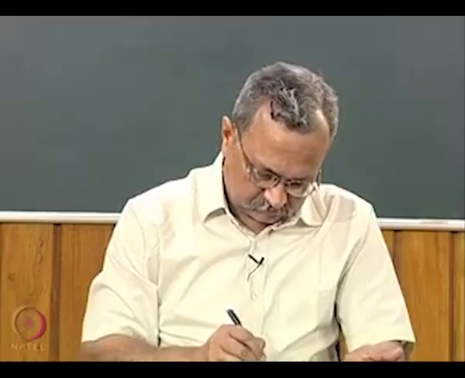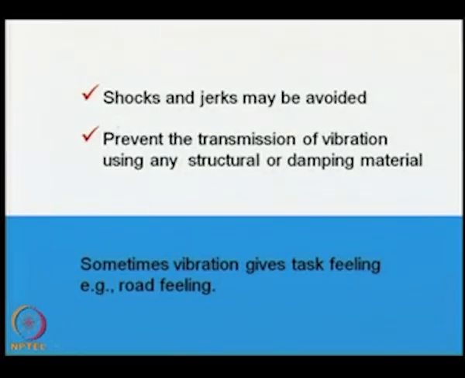That we need to think about. What can be considered? Shocks and jerks may be avoided. Prevent the transmission of vibration using structural or damping material. This may be considered while designing such equipment.